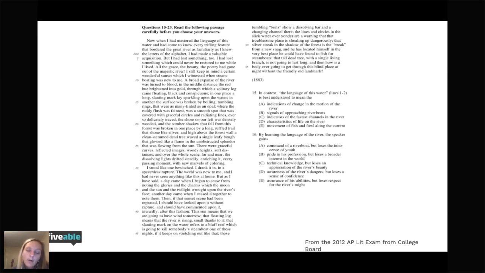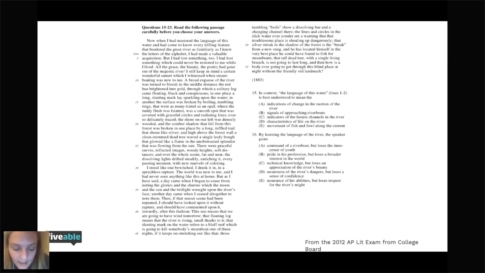It talks about how he mastered the language of the water, and the language being how it moved, the motion of the water, how it behaved, how the push and pull of the currents react with the water, and if there are any dips or rapids through the river, if he figured out how those worked. So the correct answer is A, indications of change in the motion of the river. This is a super hard question, and I don't like it.